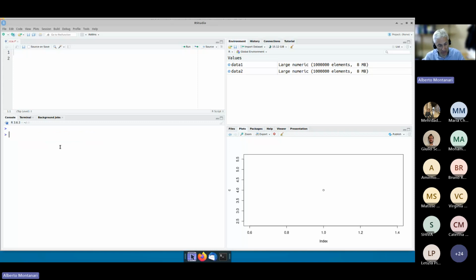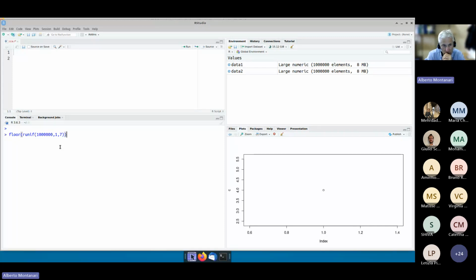So first of all, let me generate 1 million numbers in the range 1, 7, and then I have to round this generation at the lower integer through the function floor. Be careful of the parentheses. RStudio helps you. You see, when I close a parenthesis, it gives me indication of the parenthesis that is associated.